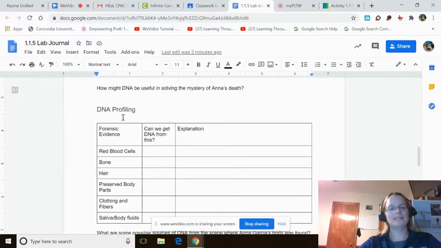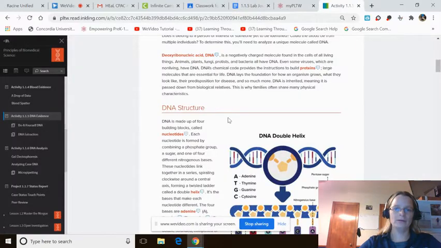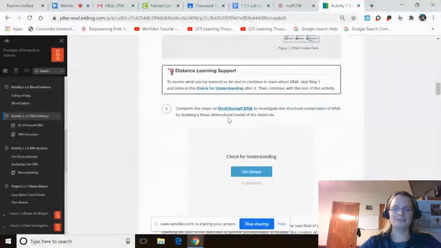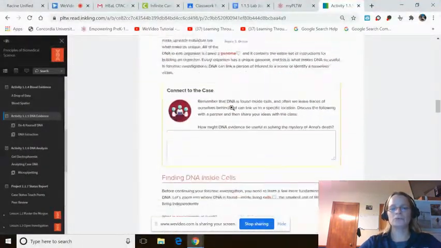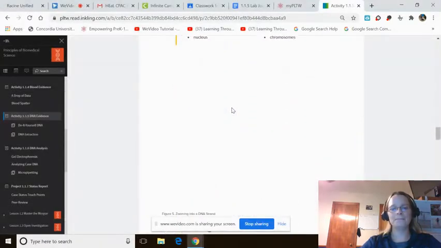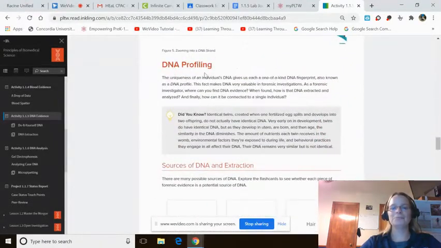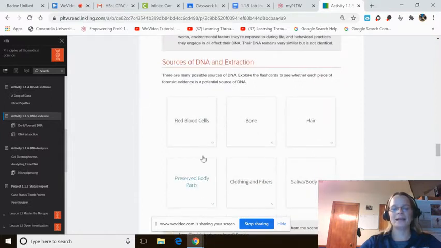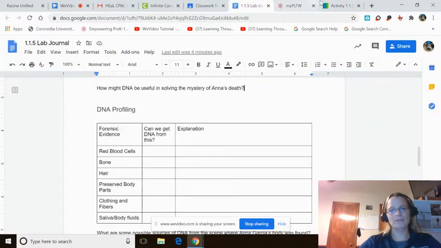So next we have DNA profiling. If you look at your page in my PLTW, scroll down to DNA profiling. And it's asking, can we find DNA in these things? So the first one, red blood cells.